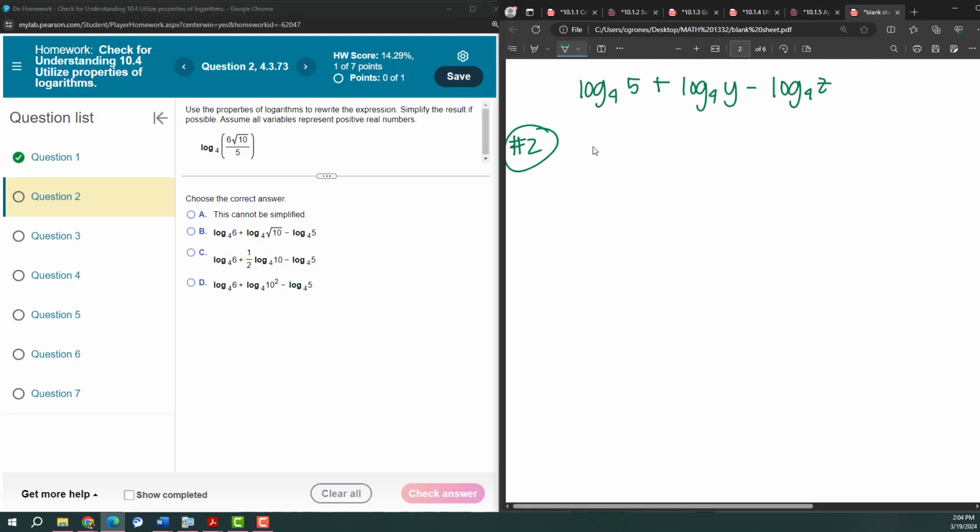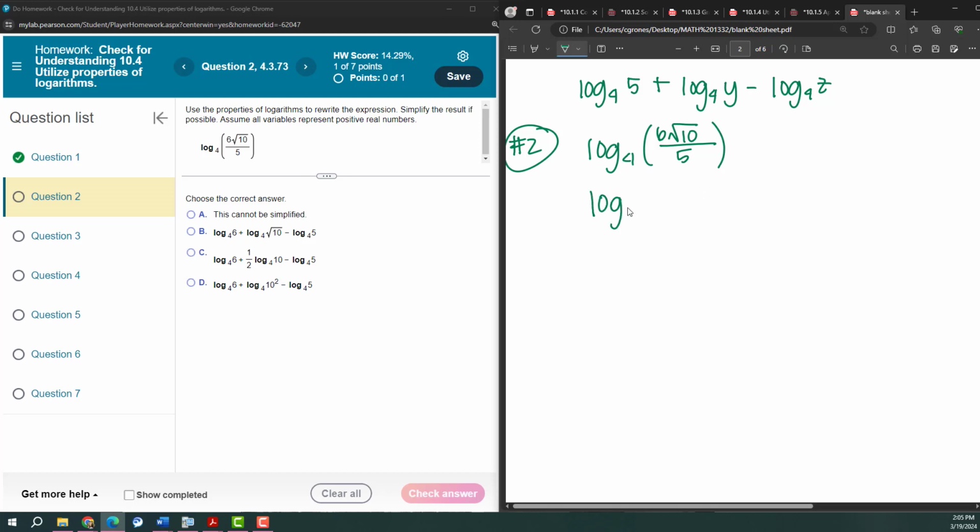So number 2, same thing, we're going to use the properties to rewrite our expression, and we want to simplify it. So this time we have log base 4, and then we've got 6 times the square root of 10 divided by 5. Okay, so I'm going to start with our quotient property.